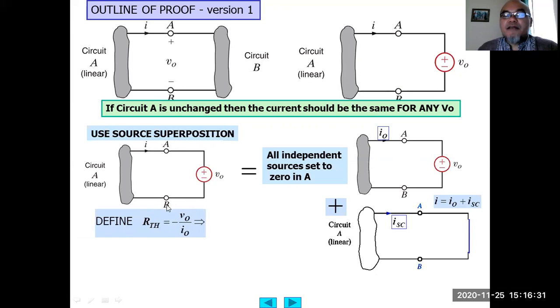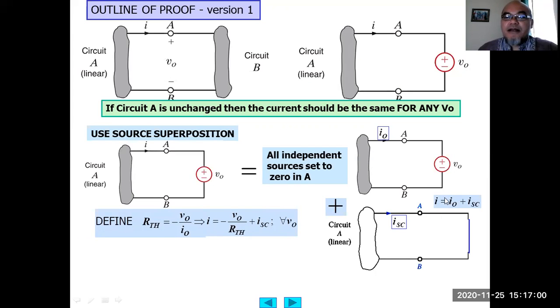From here, we can define the Thevenin equivalent resistance as V output divided by I output. Since the current is coming out from the Thevenin resistance in series in A, the sign is negative here.